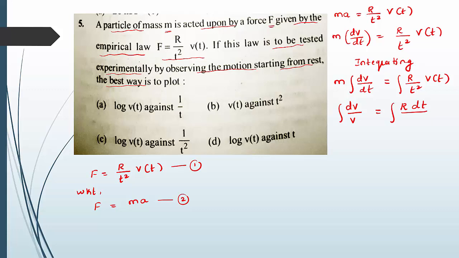From the LHS side, m goes to the denominator on the RHS, the remaining is T square.